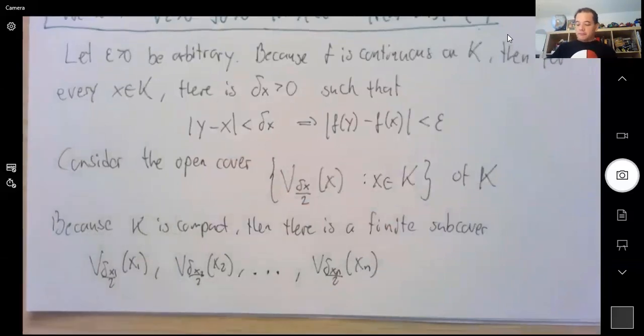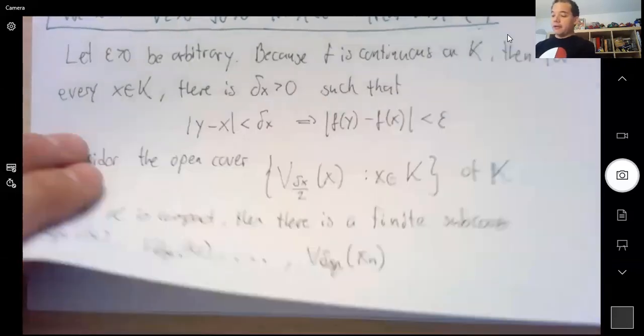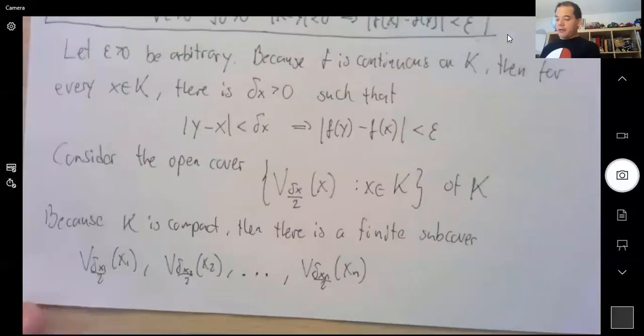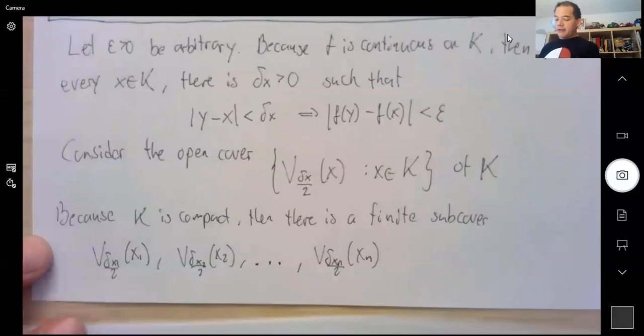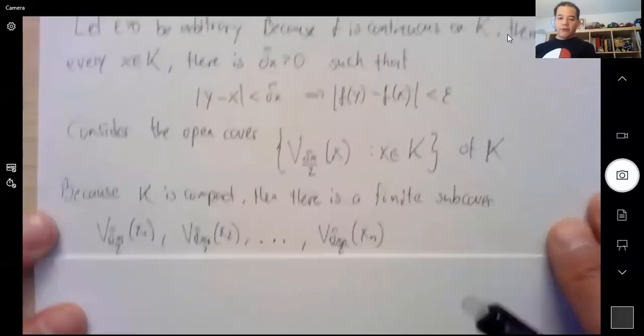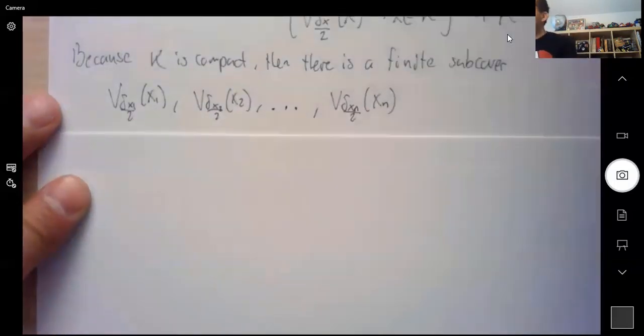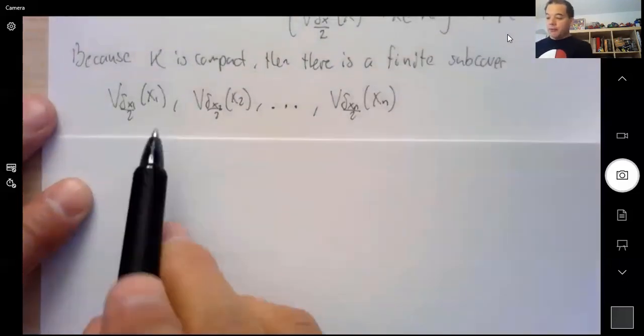That's fantastic because now we're going to find a way to pick that delta that works for all of them. And in case you were guessing it already, the delta that we think is going to work for all of these is precisely the minimum of all of these.